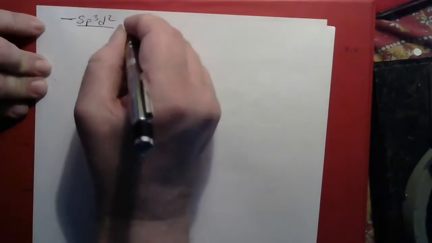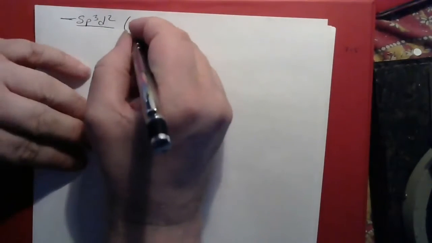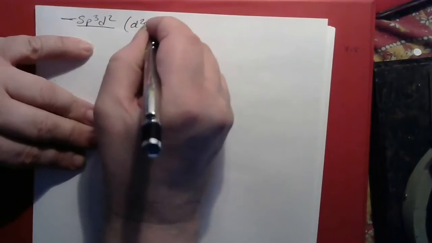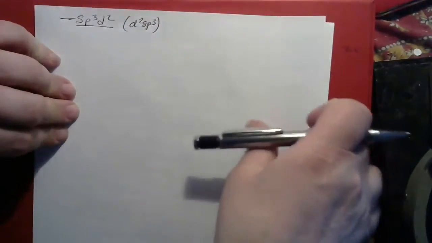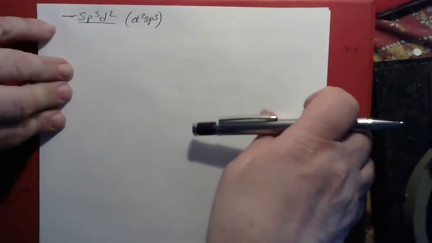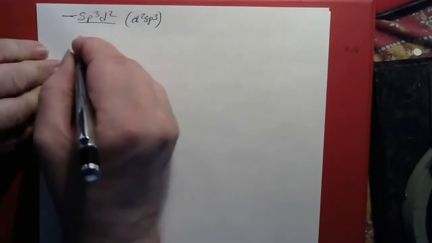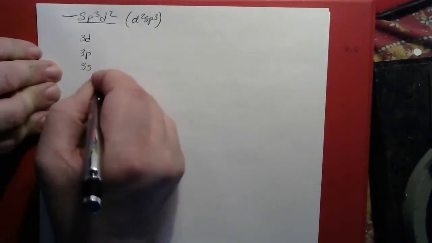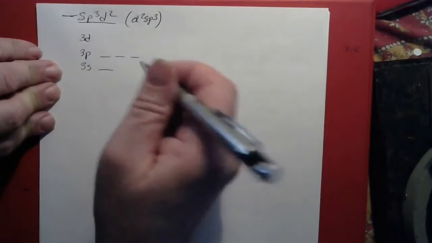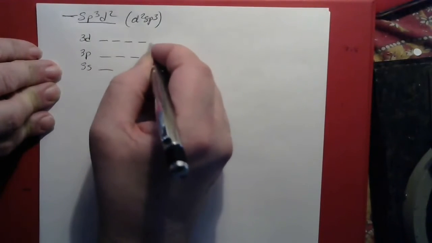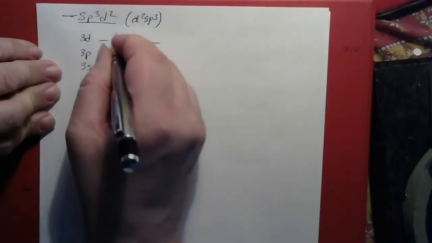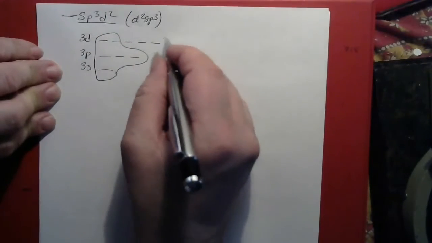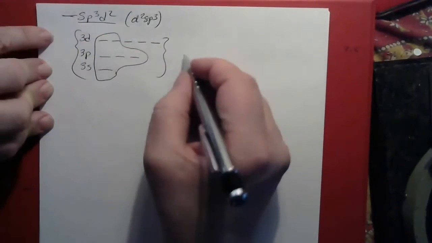The next one is the last one, and that's sp3d2. There are others, but these are the important ones anyway. Also sometimes called d2sp3. This is the type of hybridization that involves the 3s orbital, all 3 3p orbitals, and 2 of the 3d orbitals.